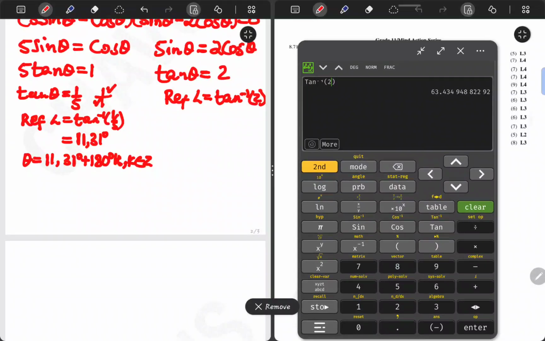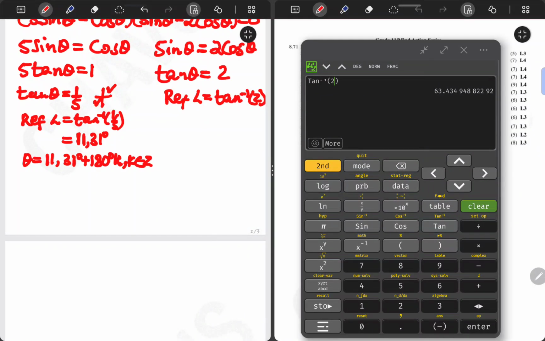That will be 63.43. And now for this one where the quadrant is positive, again quadrant 1 and quadrant 3. So I'm going to use only one quadrant in this case.